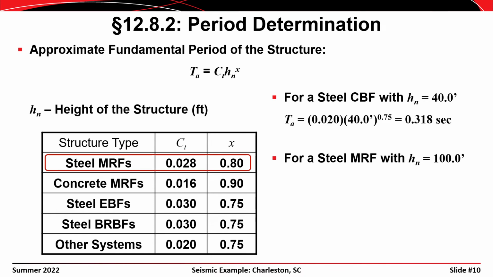Next, for a steel moment resisting frame with a height of 100 feet, we could see that C sub t is equal to 0.028 and that x is equal to 0.80. Substituting these values in, we find that for the moment resisting frame, the approximate period would be about 1.11 seconds.